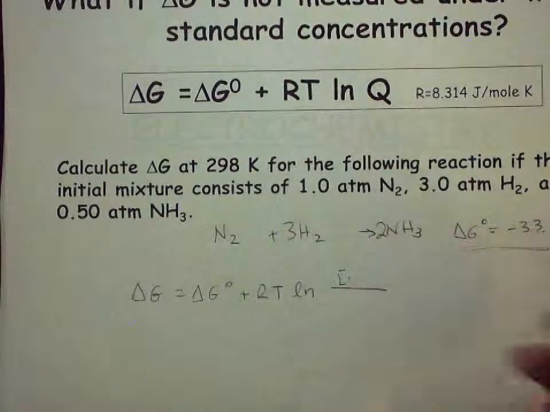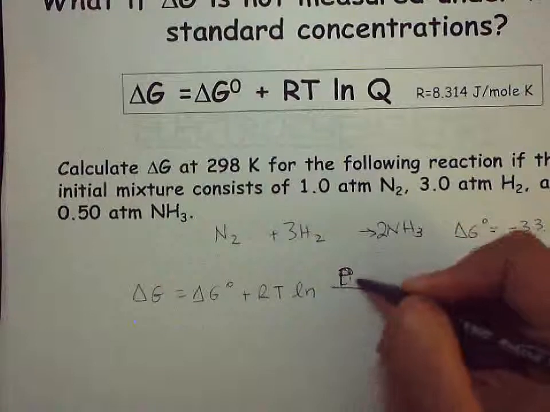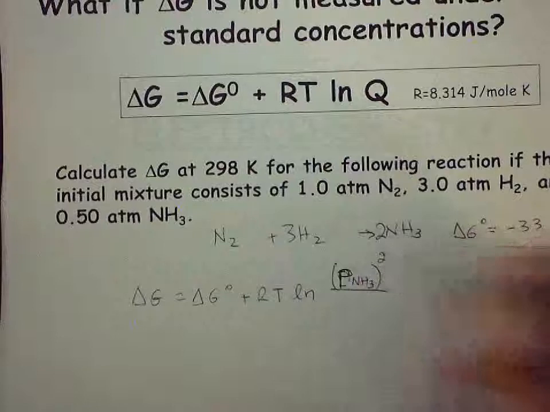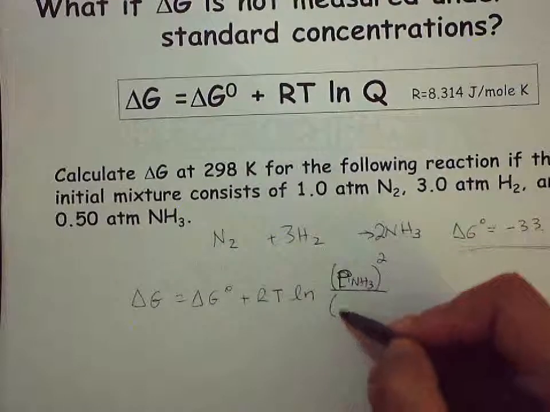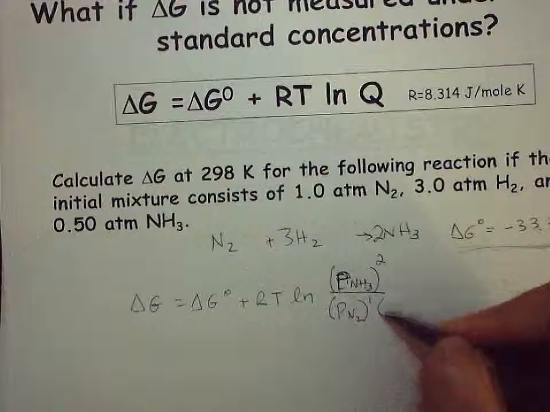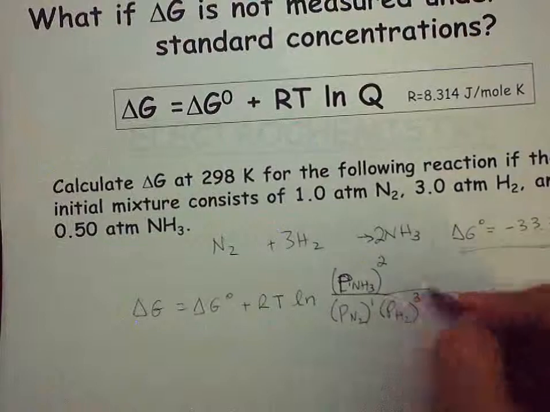These are gases, right? So I shouldn't be using square brackets. I should be using pressure instead, right? Pressure of NH3 squared over pressure of nitrogen to the first power, pressure of hydrogen to which power? Third.